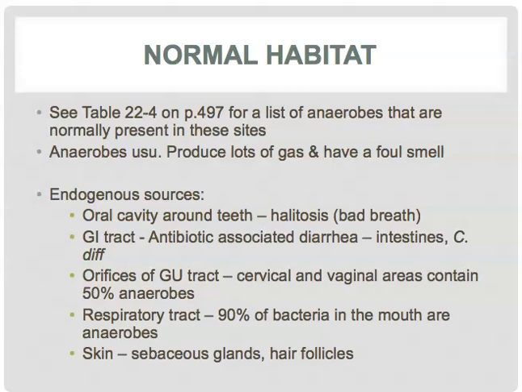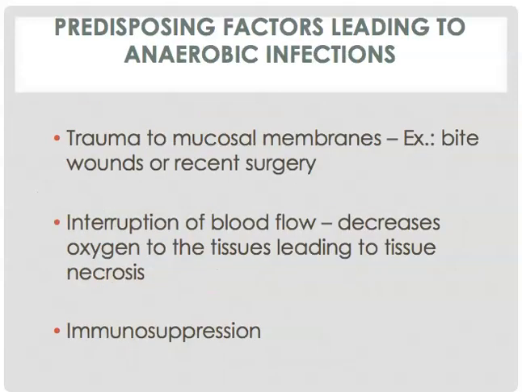In the orifices of the genitourinary tract, the cervical and vaginal areas contain 50% anaerobes. In the respiratory tract, 90% of bacteria in the mouth are anaerobes and can gain access to the respiratory tract. And on the skin, organisms colonize the sebaceous glands, which secrete the oily material into the hair follicle, and the hair follicles themselves. A lot of times these are common contaminants if they're recovered from skin.